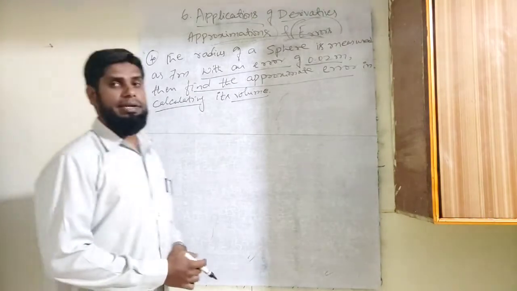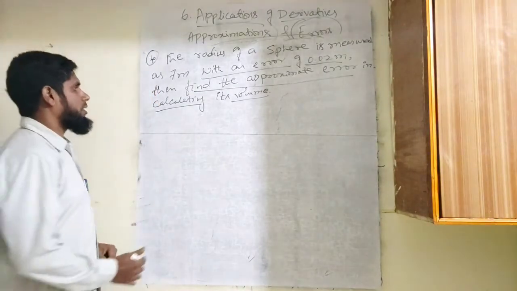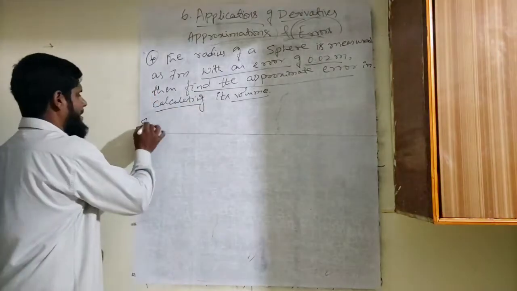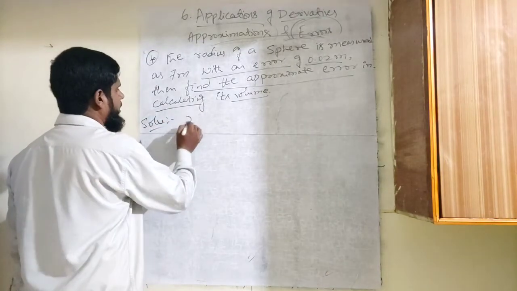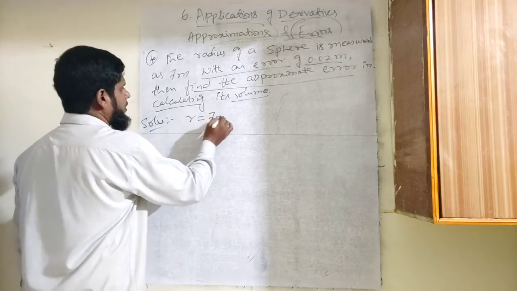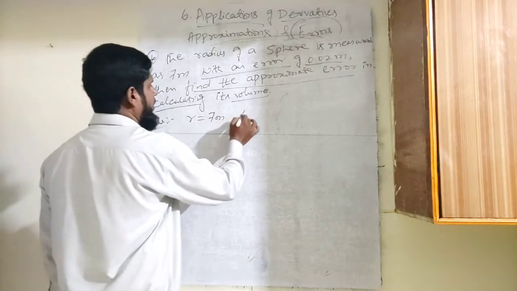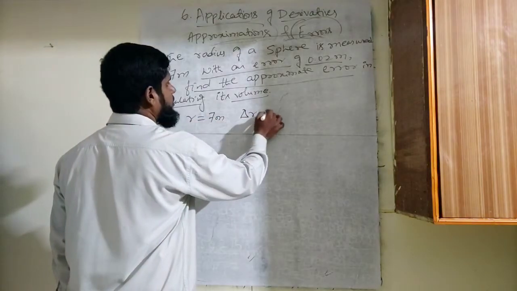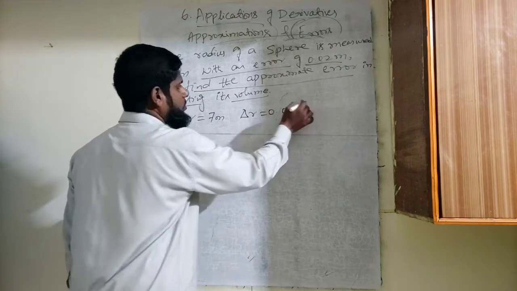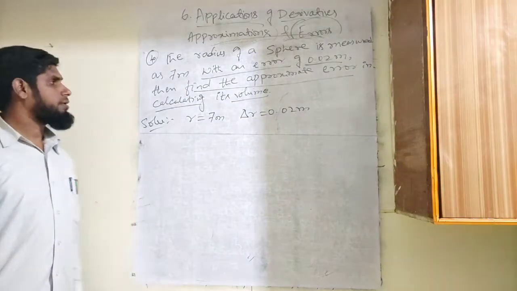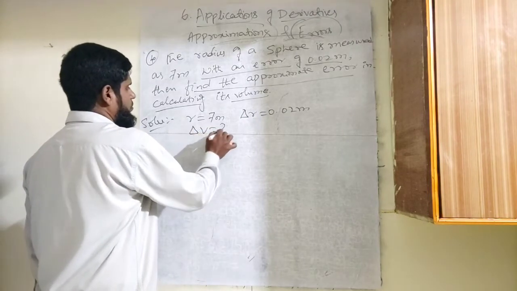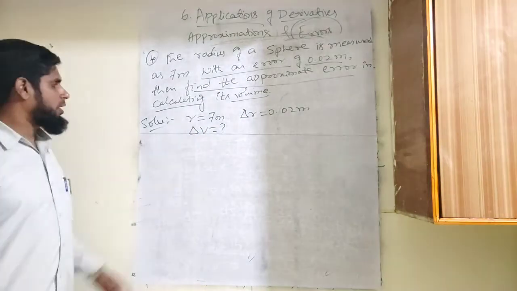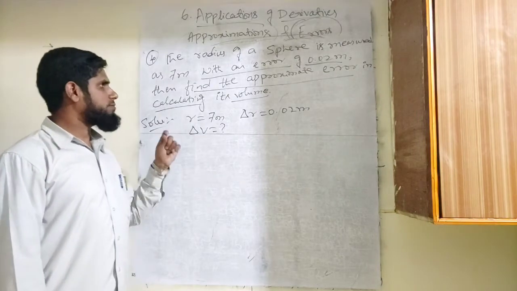Volume of a sphere. Solution. What is given? Radius is given. It is 7 meters, and error in radius is given, 0.02 meter. He is asking us to find the error in the volume, that is delta V.